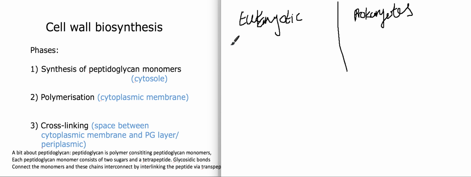So these ones have a cell wall, whereas these ones have a peptidoglycan, and it's essentially the same thing as a cell wall. This is found in human somatic cells, and this is found in bacterial cells.